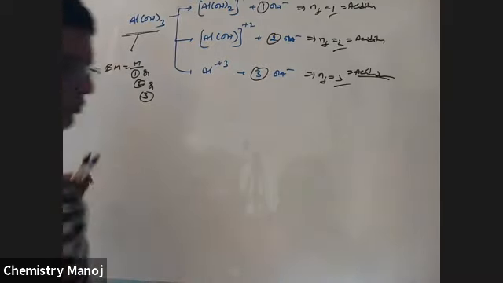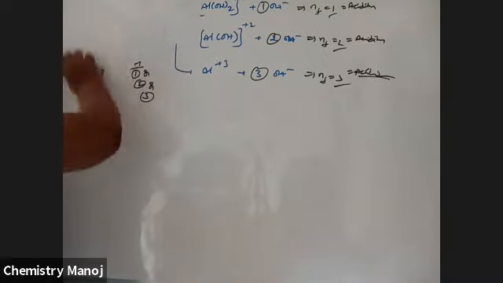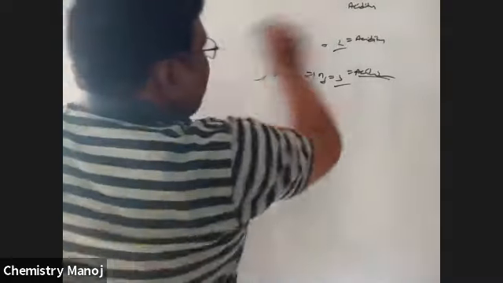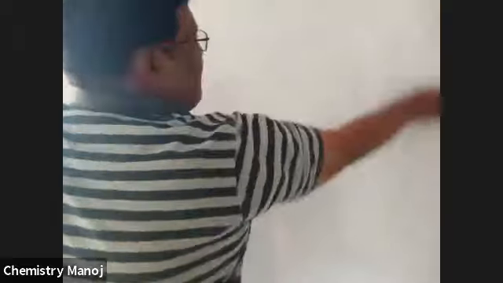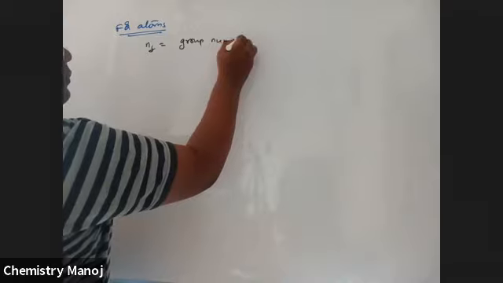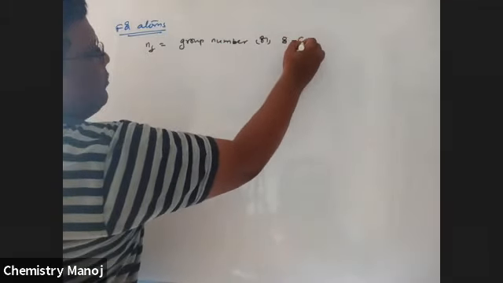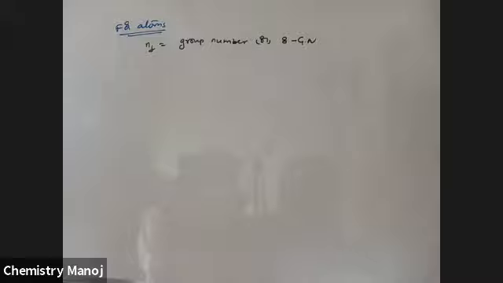Now for atoms. For atoms, n factor is equal to either the group number or 8 minus the group number.